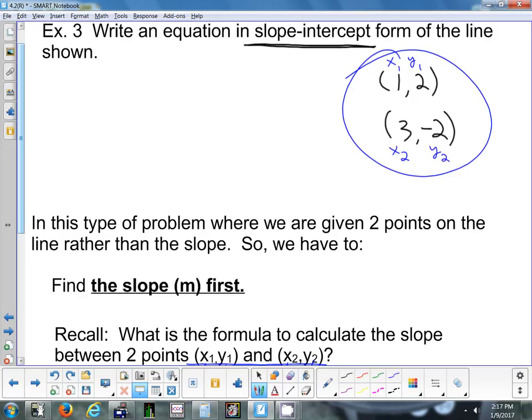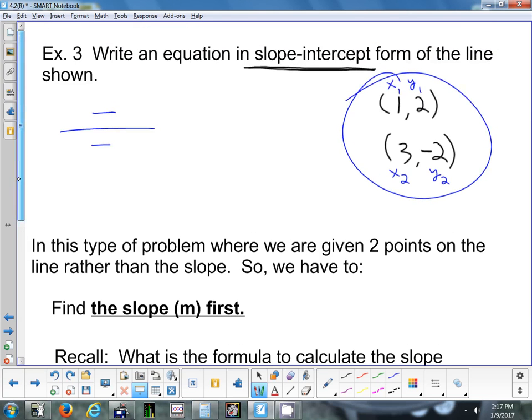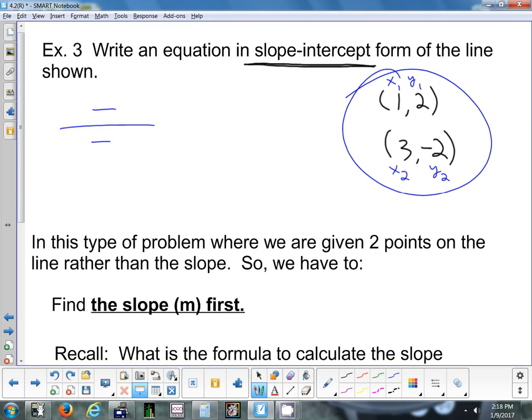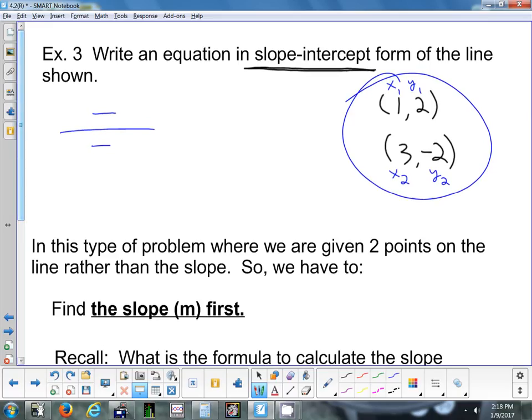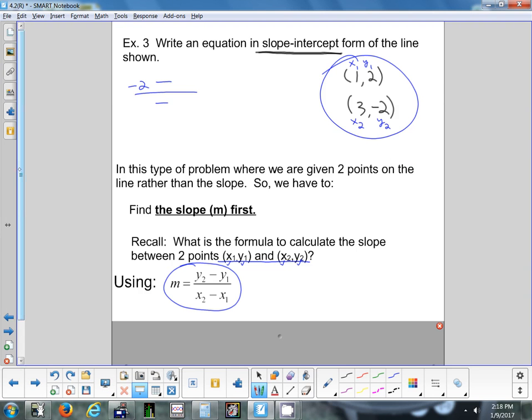So now let's fill in our formula. I always start with this. You're always going to have a fraction, subtraction in the top, subtraction in the bottom. What's the first number? Negative. That's y2 minus what comes next? y2 minus, I think someone just said it, 2. y1, yep.